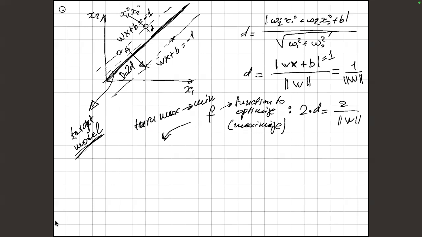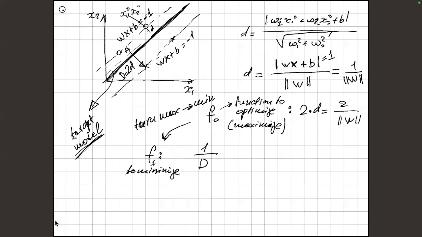So our function to minimize becomes 1 over d.